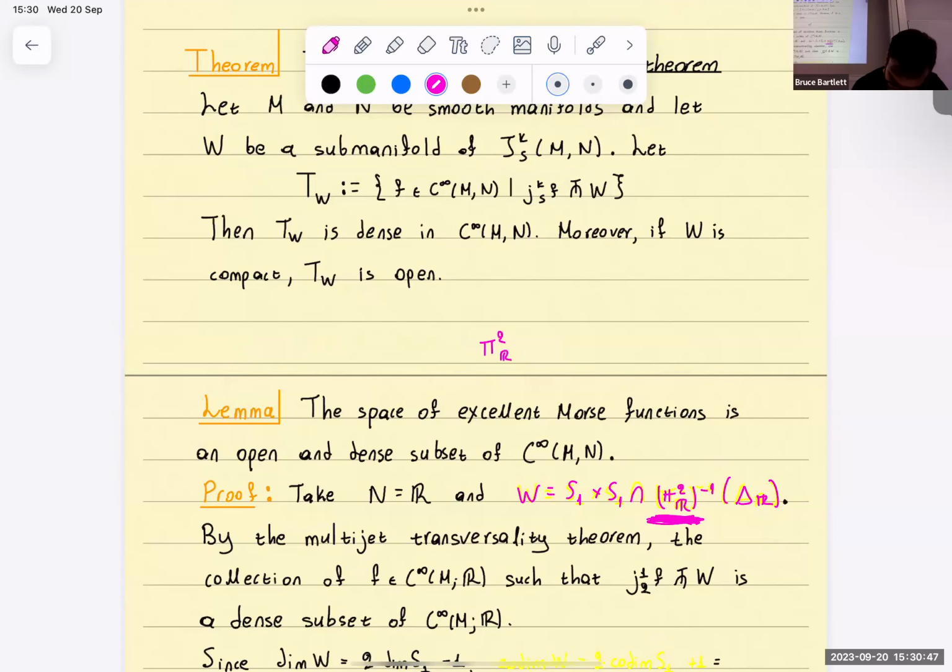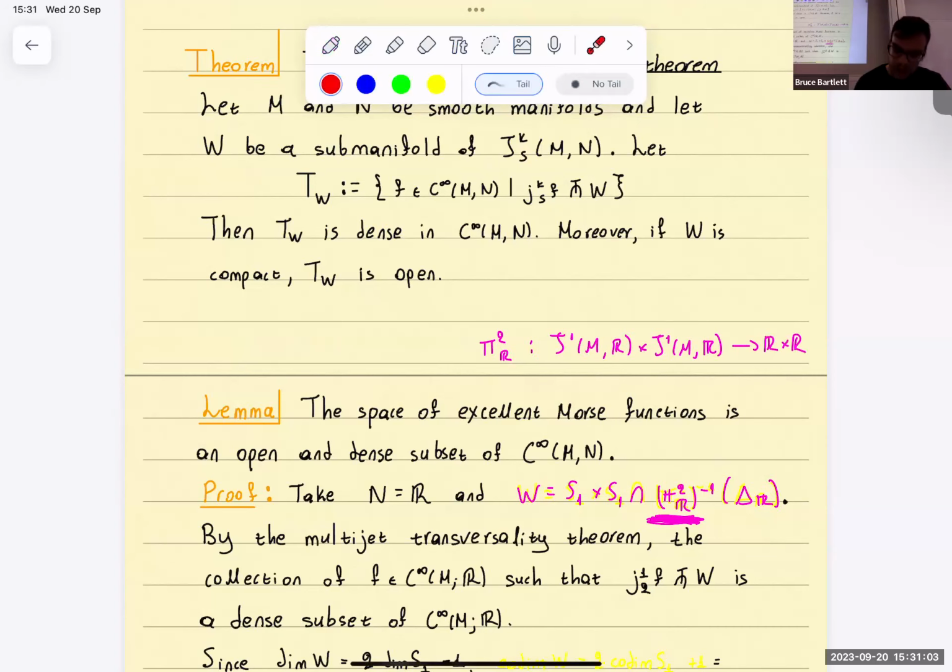Pi R2 should be a map from J1(M,R) cross J1(M,R) to R cross R. It's like pi R is a map from J1(M,R) to R, and pi R is again a map from J1(M,R) to R, so it's just the induced map on the twofold Cartesian product.